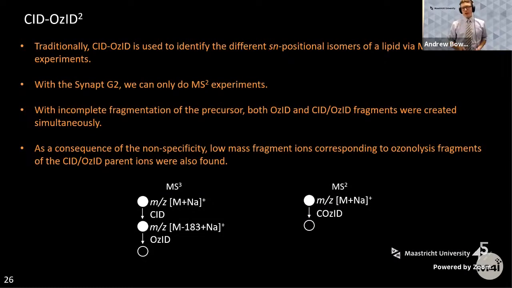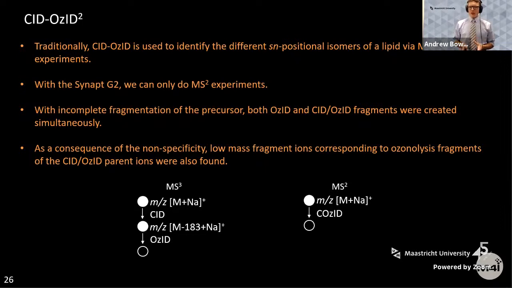With the SYNAPT, we're able to do CID-OzID squared experiments. So traditionally with CID-OzID, you can detect stereo numbered positional isomers through an MS3 experiment. With the SYNAPT, because we could only do MS2 experiments, we were unable to do those sorts of experiments. But if we incompletely fragmented the precursor, we could detect both OzID and CID-OzID fragments simultaneously.